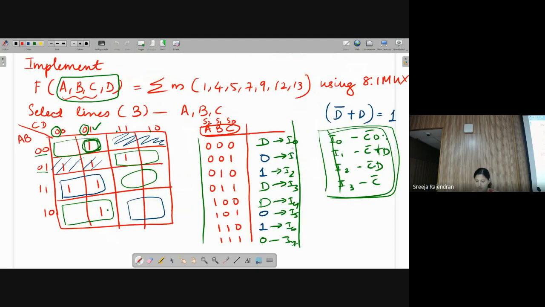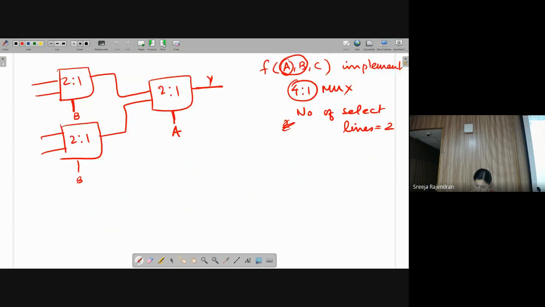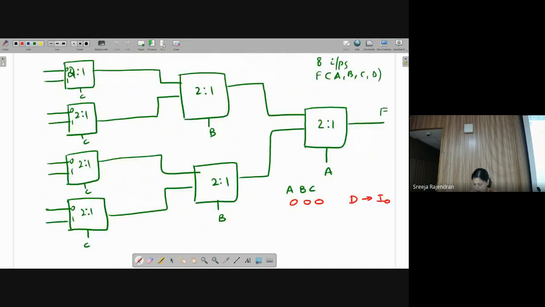Okay. I0 should be chosen when ABC is 0, 0, 0. So I0 is D.